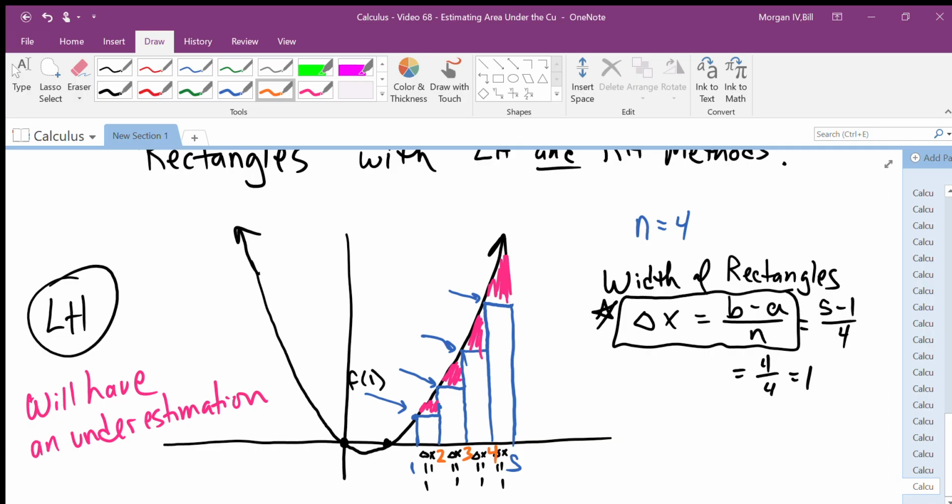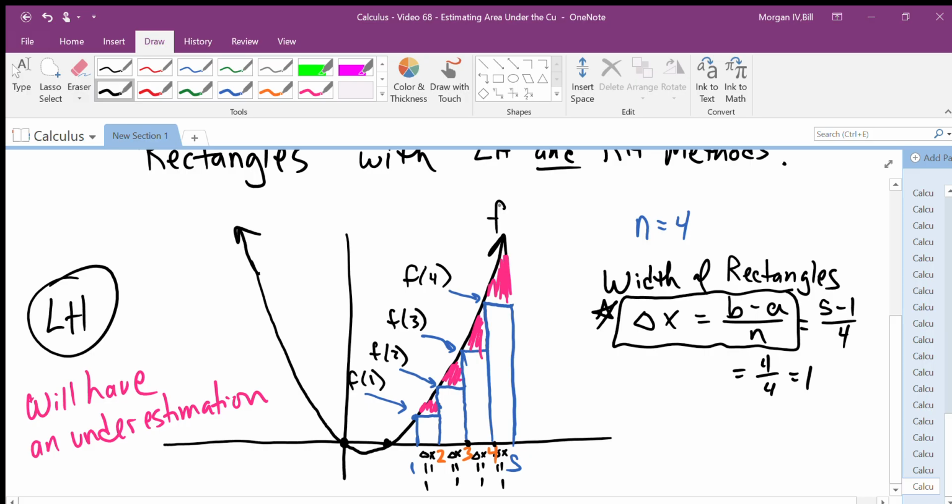So the height of the second rectangle will be at f of 2. And the height of the third rectangle will be at f of 3, the left-handmost point of the third rectangle. And the height of the fourth rectangle will be at f of 4, the left-handmost point of the fourth rectangle, which is at x equals 4.